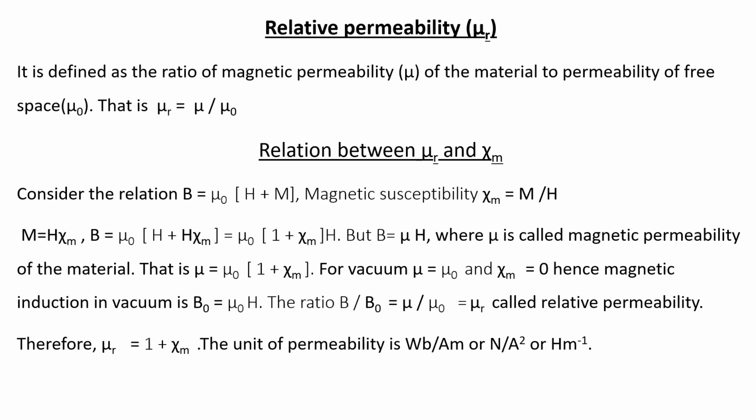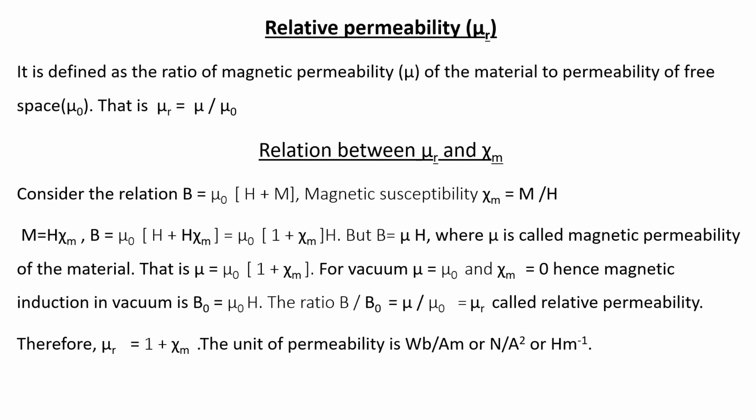Then the relation between the relative permeability mu R and the magnetic susceptibility chi m. Consider the relation connecting the three magnetic vectors B, H and M. Here, the magnetic susceptibility is chi m is equal to M by H, or the magnetization vector M is the magnetic field intensity vector H into the magnetic susceptibility, that is, M is equal to H chi m.